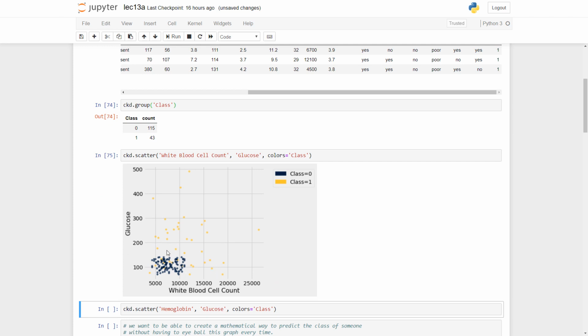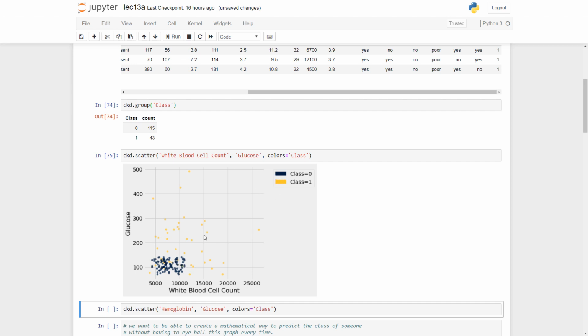Now, if we look at this plot here, we'll find that it is really hard to find a way or a rule that can tell us whether any of these points, which actually corresponds to one patient, is or should be diagnosed with the disease or not.